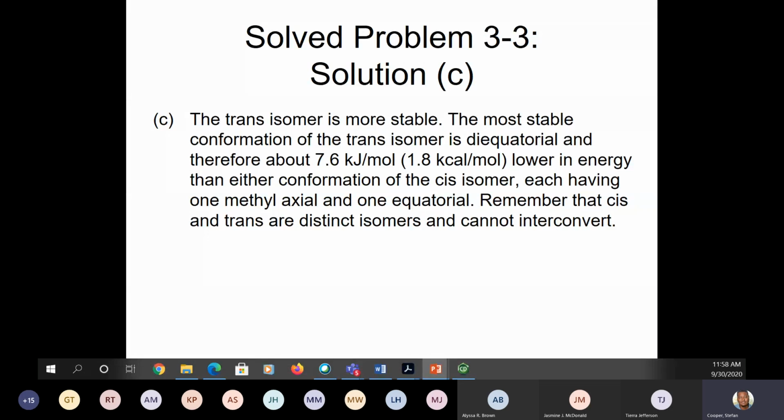So we're not saying that the cis interconverts into the trans. We separate those two things from each other. But if we had to say whether the cis or the trans isomer is more stable, we will say that the trans isomer is more stable because it will allow the two methyl groups to be equatorial in one of the chairs versus the cis. Okay, very good.